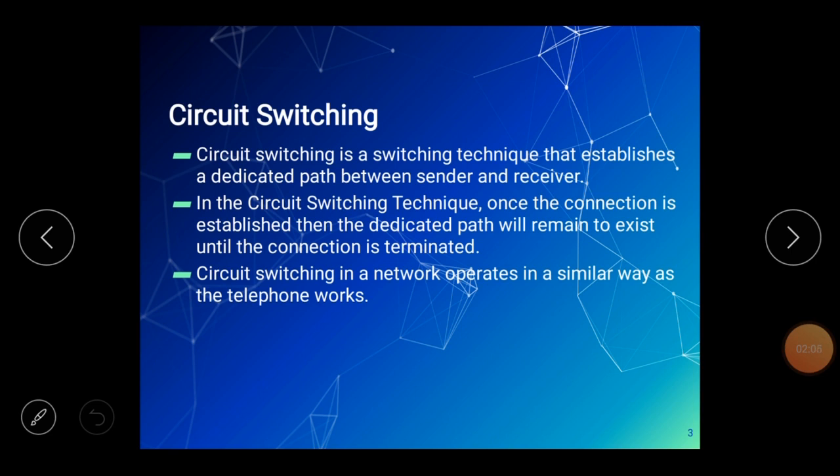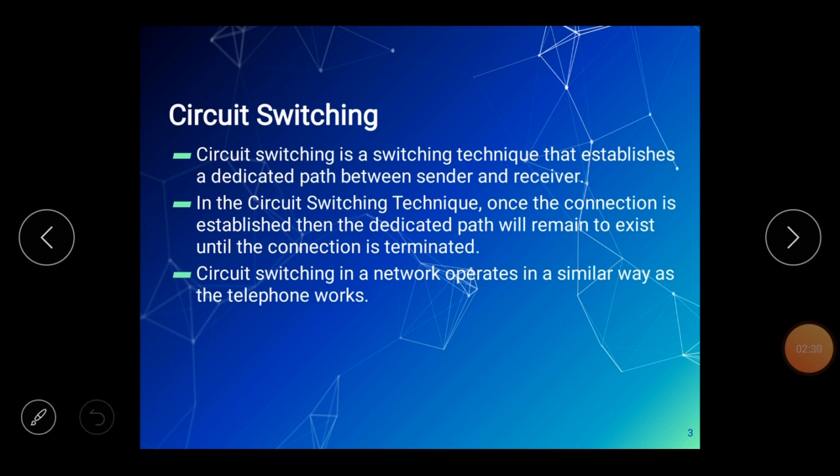So in this type of technique, first a connection is established between the sender and the receiver. When the sender sends the data, first it establishes a path between the sender and receiver, and this path is the dedicated path. And after the data is transmitted and received by the receiver, the path is broken.